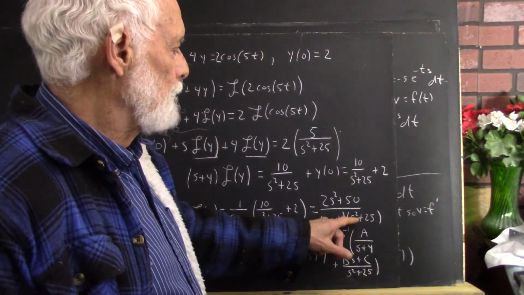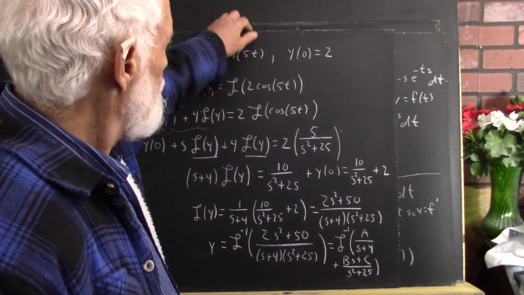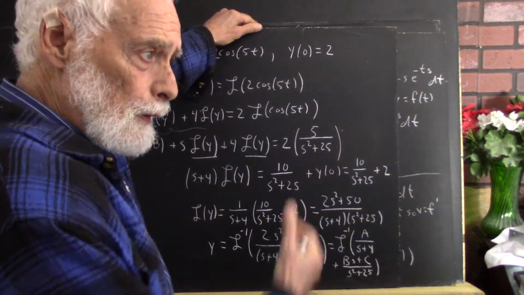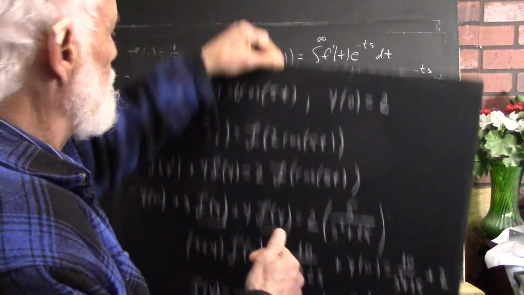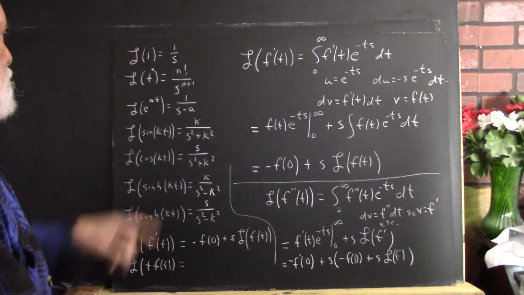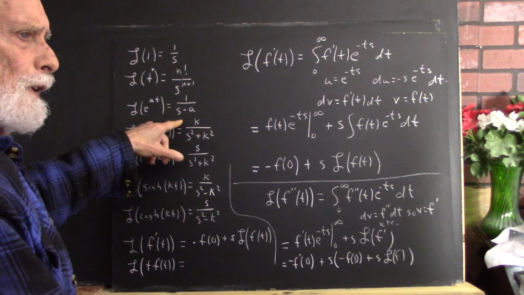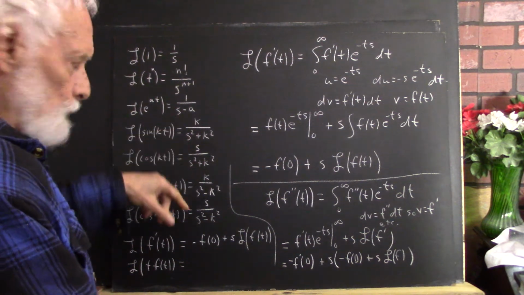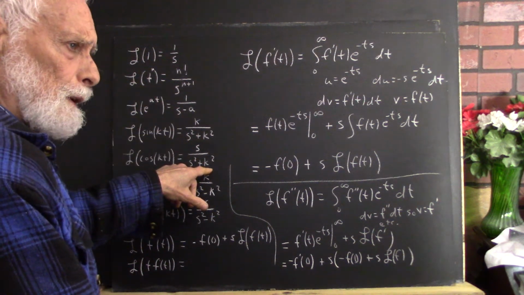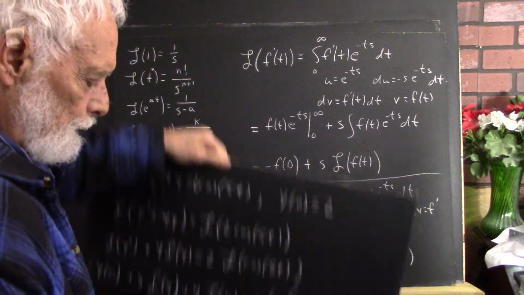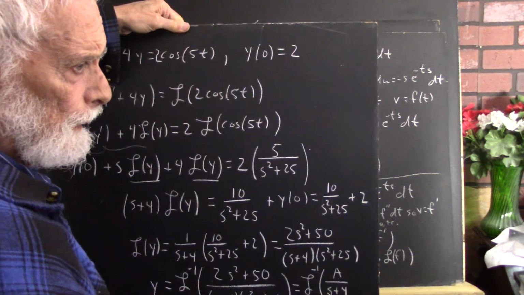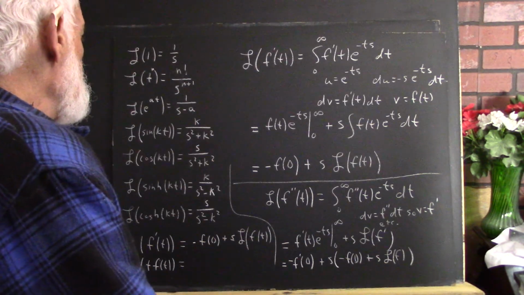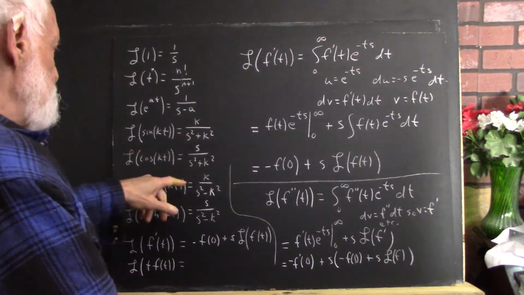The inverse transformation of a over s plus 4 is going to be a times the inverse transform of 1 over s plus 4, and 1 over s plus 4 is just an e to the at with a equal to negative 4. And then we have an s squared plus 25.